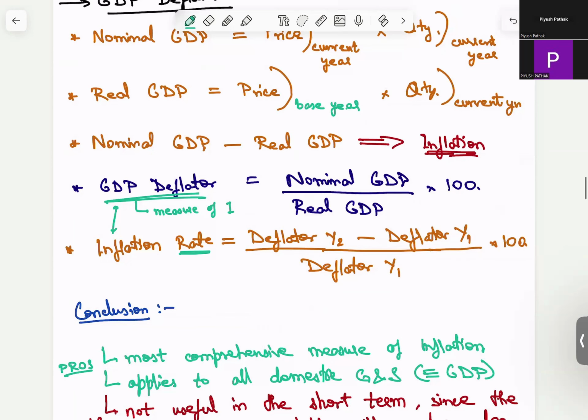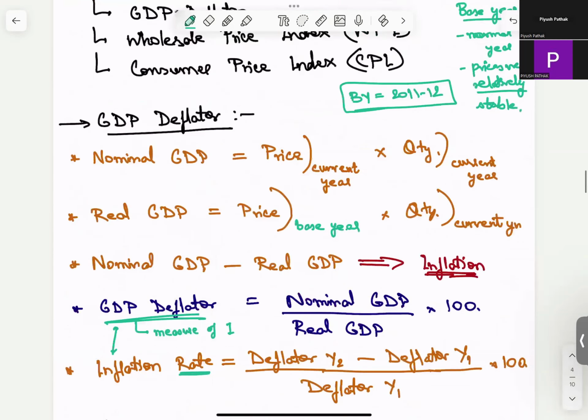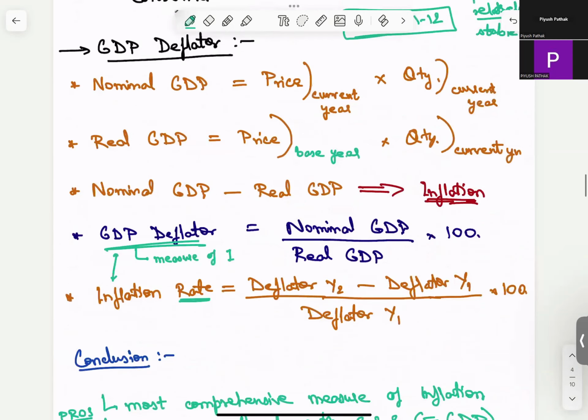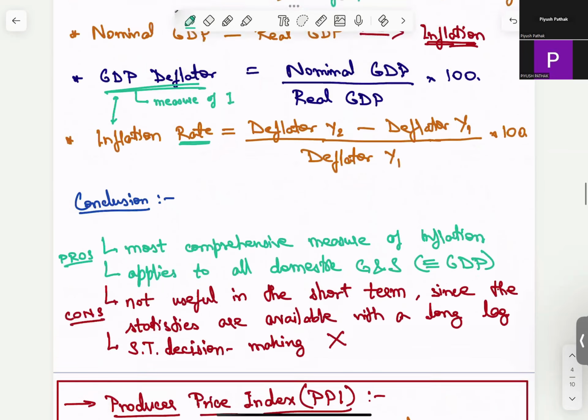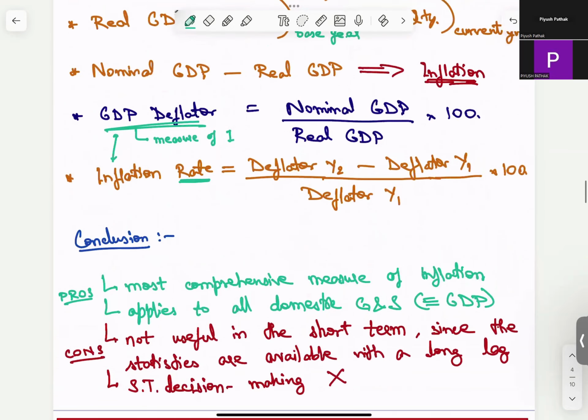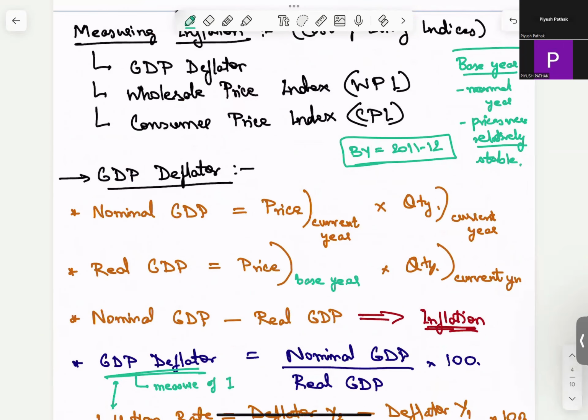All right. Now, to conclude about the GDP deflator, what are the advantages of it? What are the disadvantages or limitations of it? This is the most comprehensive measure of inflation. Why do you call it comprehensive? Because when you will see next that we are comparing it with WPI and CPI, we are talking about a basket of products. But what is the GDP deflator?